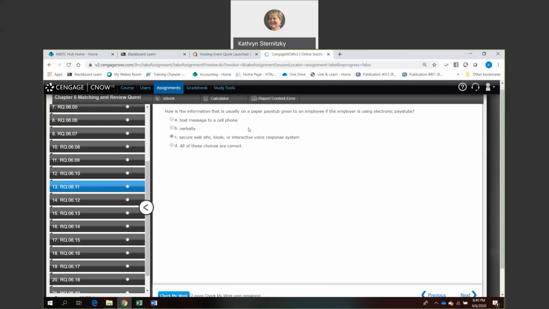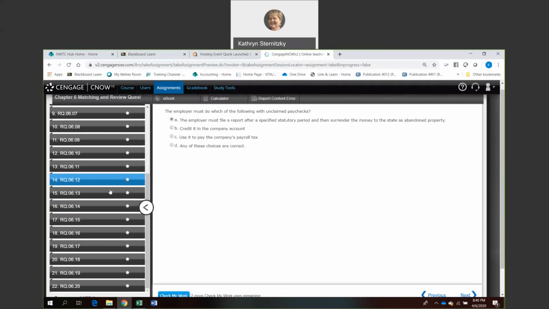How is the information that is usually on a paper pay stub given to an employee if they use electronic pay stubs through a secure website, kiosk, or interactive voice response system? The employer must do which of the following with unclaimed paychecks? The employer must file a report after a specific statutory period and surrender the money to the state as abandoned property.